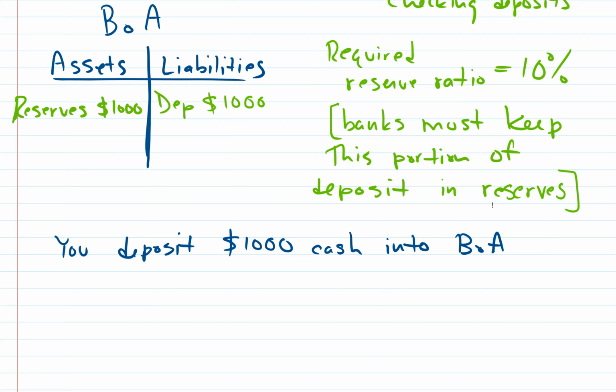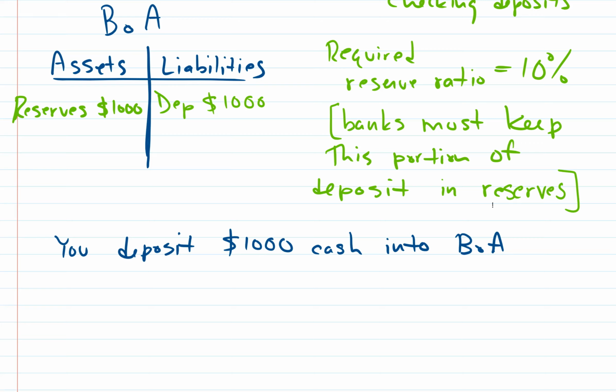You might be imagining that the bank now just sits on this, nothing's going to change, and they keep your money there and wait for you to come back. But that's not actually how banks work. Banks will generally keep part of the money you put in, and the rest of it they're going to loan out to somebody else to use.